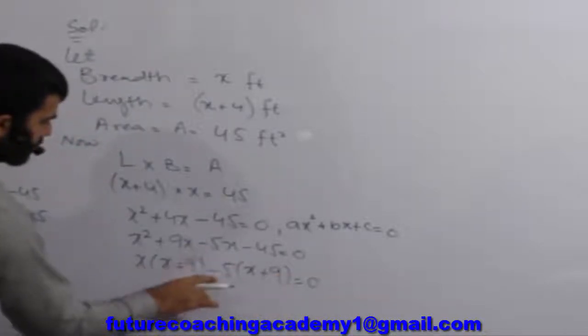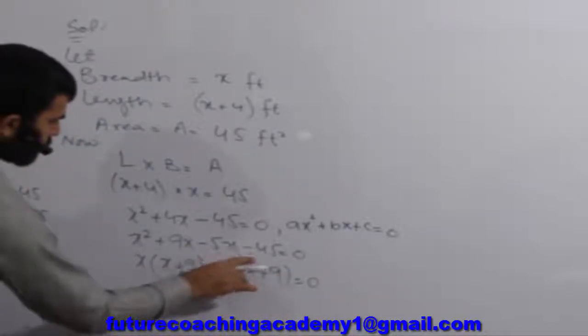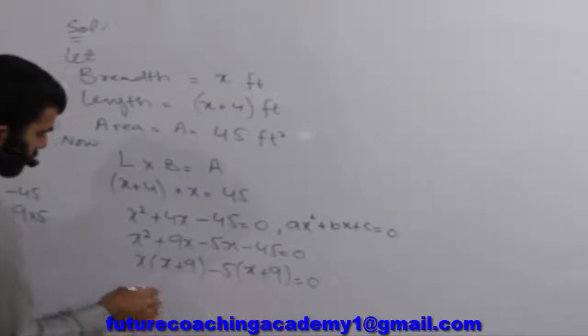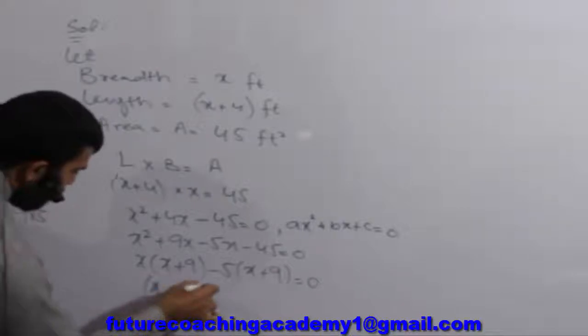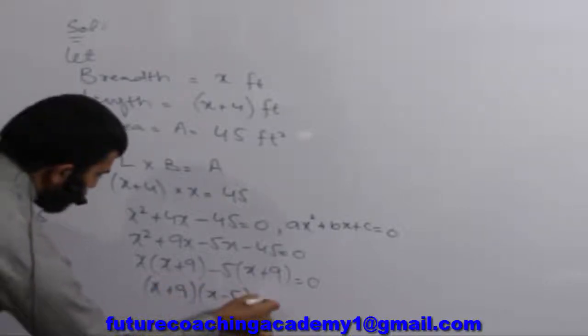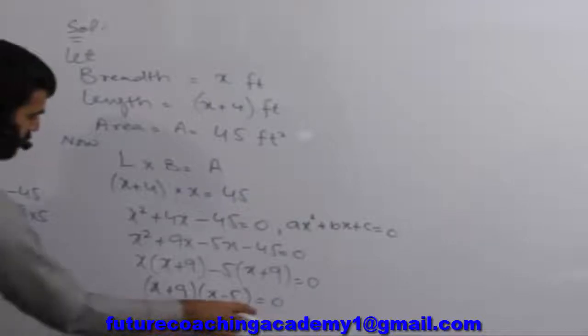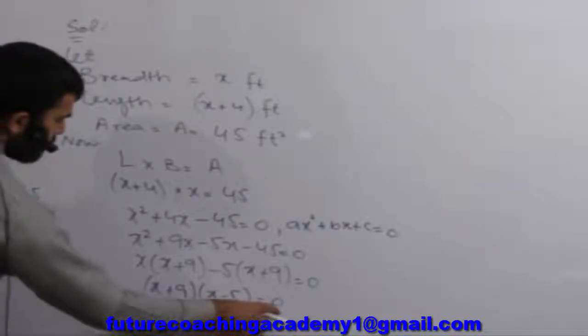Once we take the negative sign out of the bracket, we change the sign in the bracket. So x plus 9 is the common factor, and the non-common factors are written in one bracket. So x plus 9 must be equal to 0 and x minus 5 must be equal to 0.